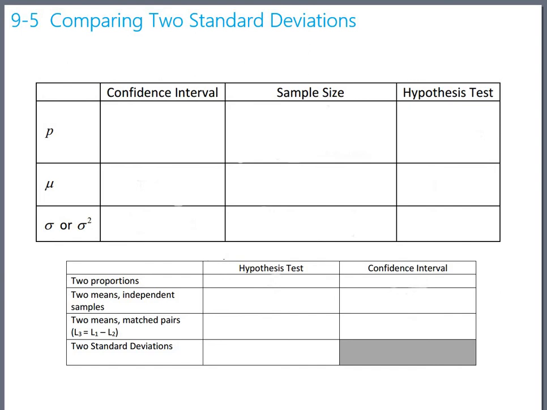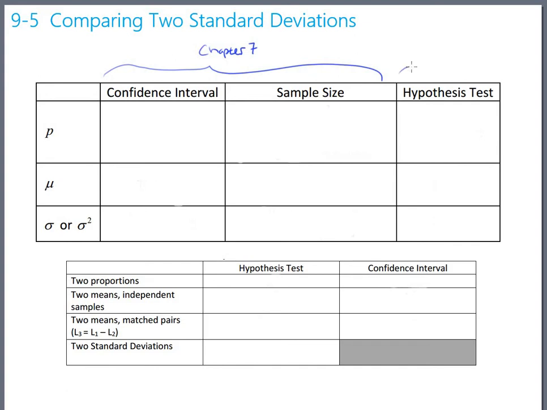So both of these columns right here. We started with just a single proportion. We said we can find the confidence interval, we can compute a sample size. And then we did means, and then we did standard deviation or variance. They kind of get the same thing.